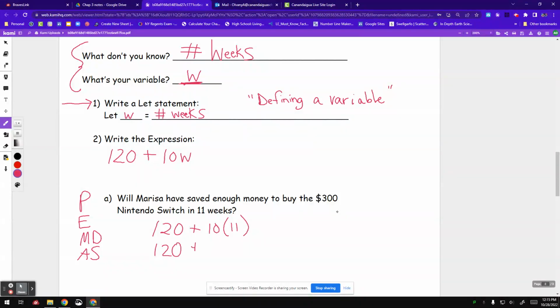Tells us we're going to multiply first and then add. Sorry, this should be 240. Okay, I knew that didn't look right. $240. Will she have saved enough money? No. Marissa will not have enough money.